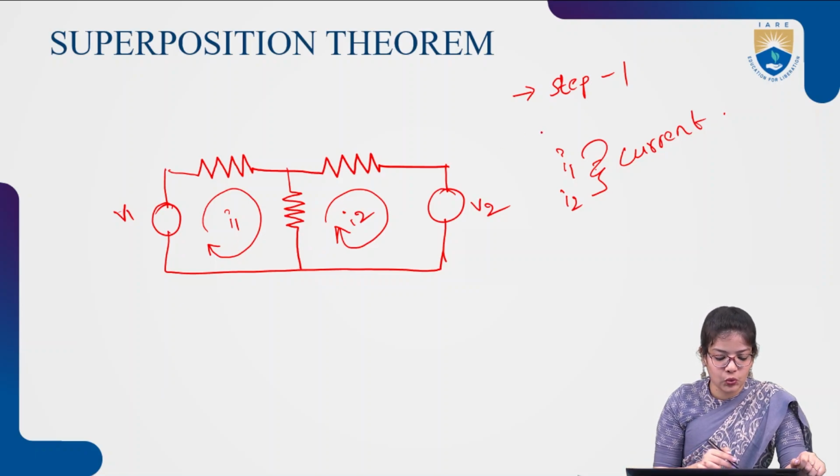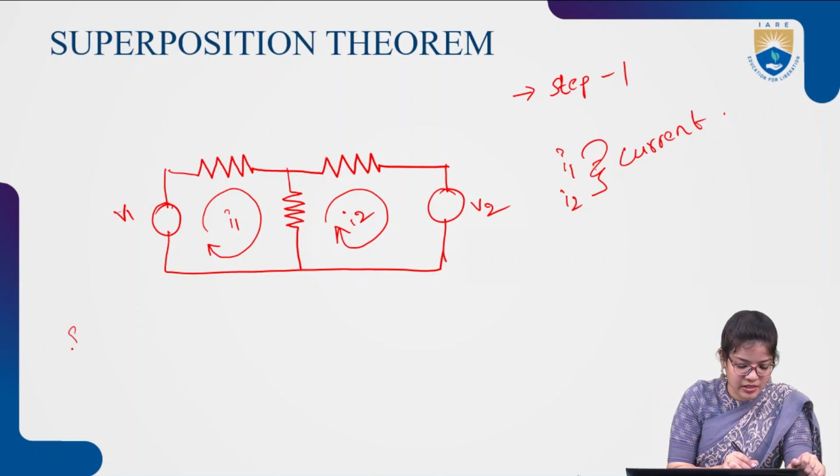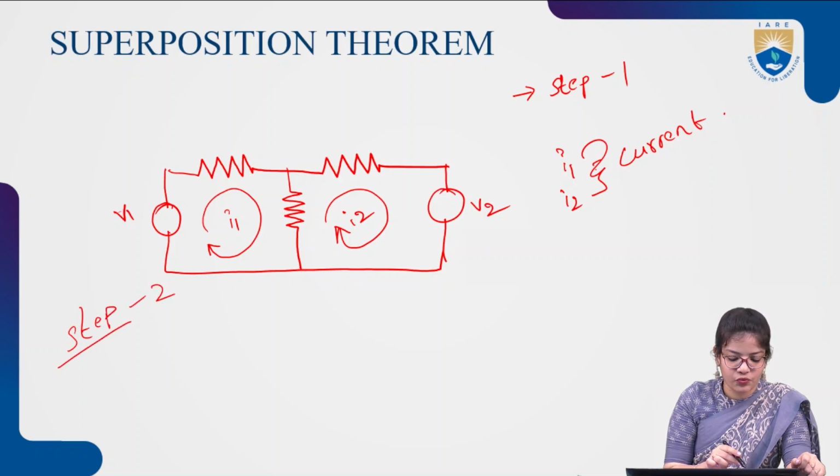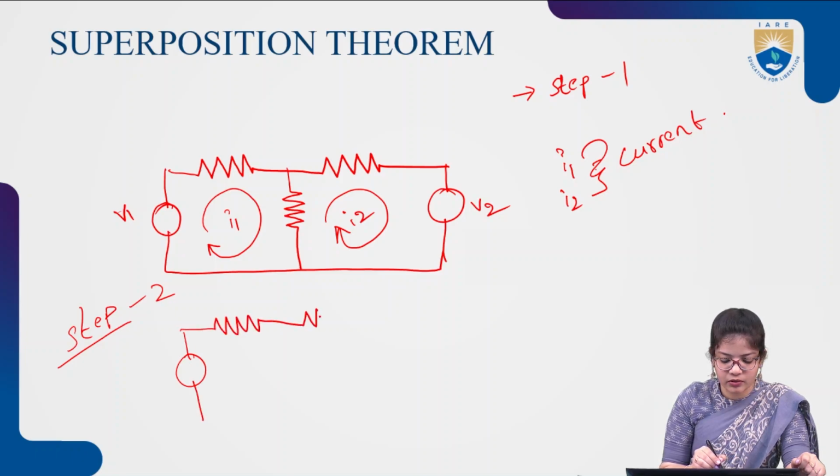In step 2, we have to remove one source. That means if it is a voltage source, we have to short circuit it; if it is a current source, we have to open circuit it. Here we are considering both the sources as voltage sources. So in step 2, first we have to remove one source, and the network will be as it is.